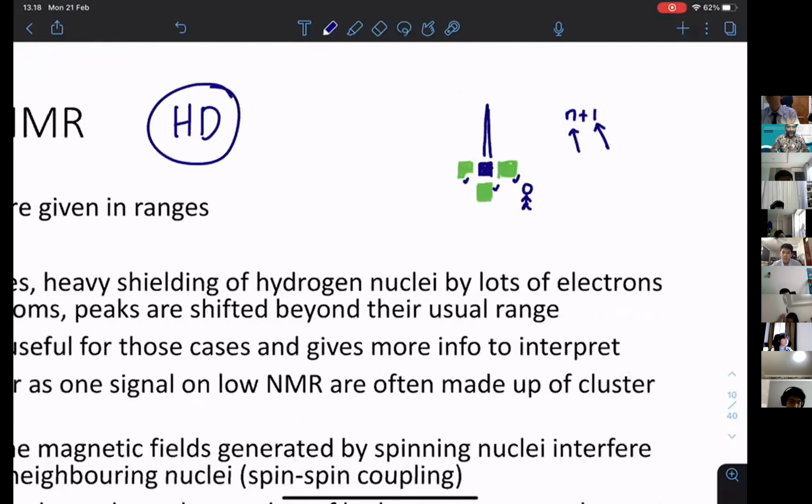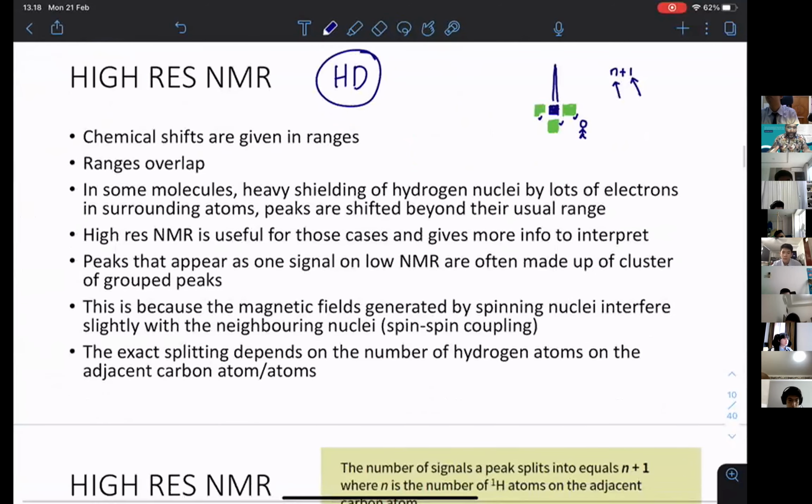Now, some molecules have heavy shielding of hydrogen nuclei by lots of electrons in surrounding atoms. Peaks are shifted beyond their usual range, so high resolution NMR is useful for those cases and gives more info to interpret. Because of these neighbors, the peak is going to be shifted a bit, which is called splitting.